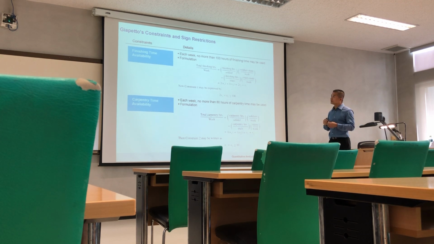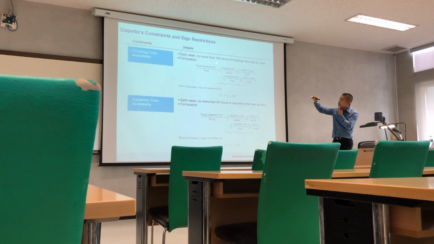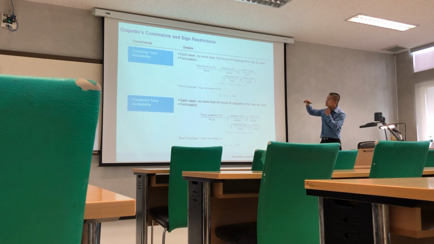Let's next look at your constraints. First, look at the finishing time constraint. You have no more than 100 hours of finishing time. To produce one soldier requires 2 hours of finishing time, so to produce X1 soldiers, that's 2X1.